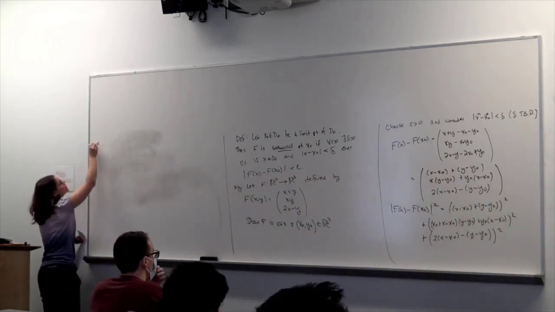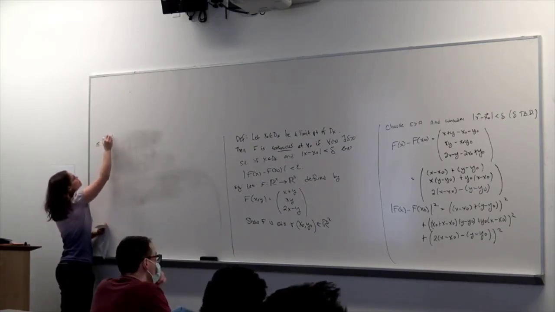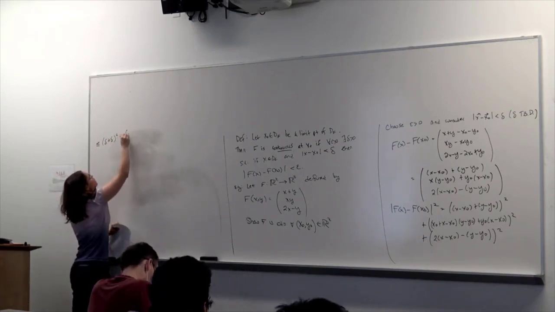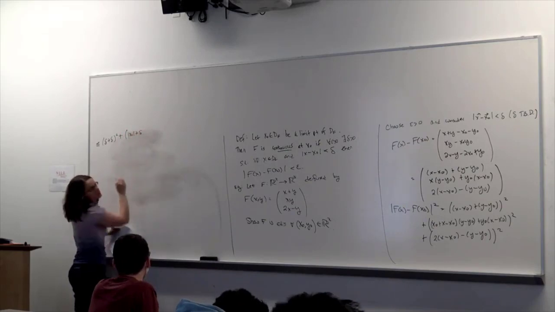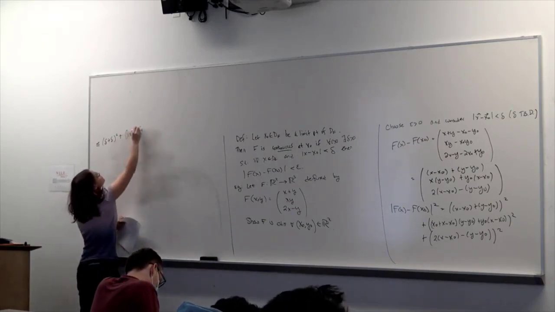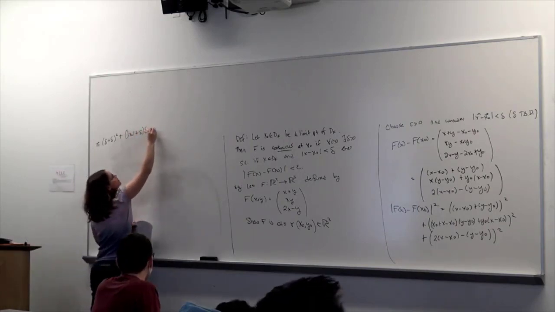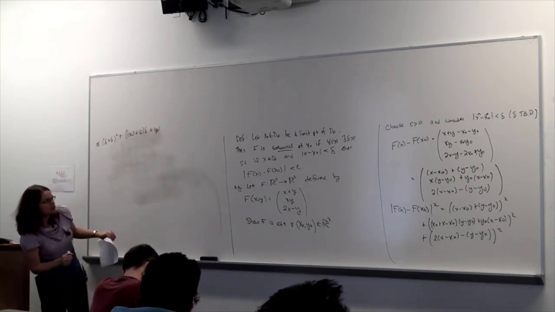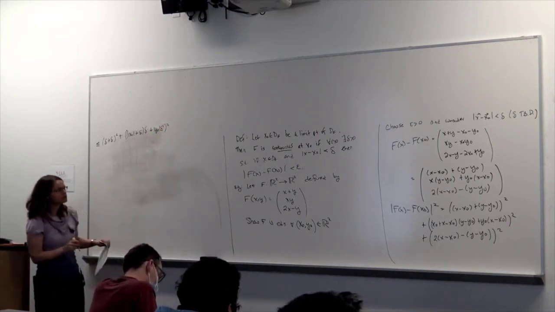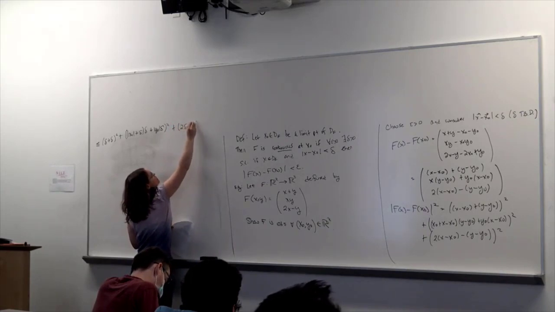Okay, so then we can say, well, let's do that. We have that this is less than delta plus delta squared plus absolute value of x naught plus delta times delta plus absolute value of y naught times delta, all squared, plus 2 delta plus delta, all squared.